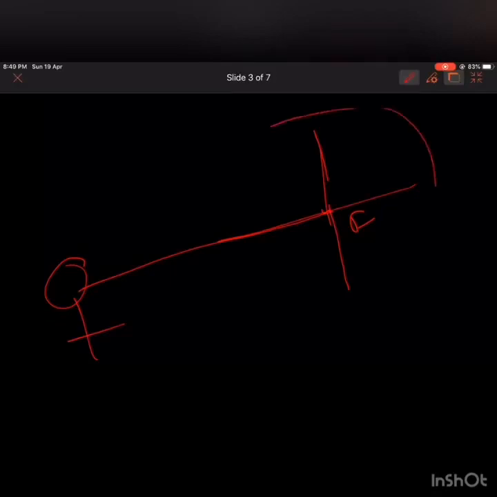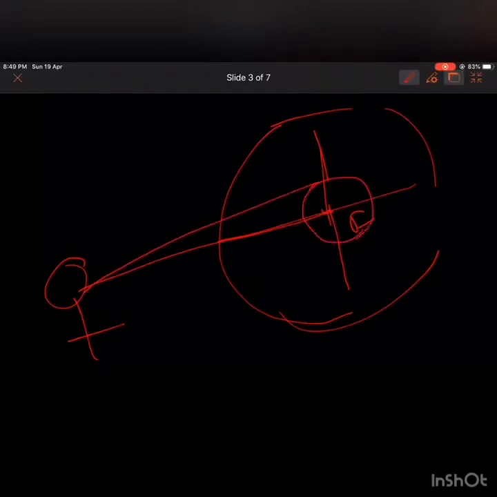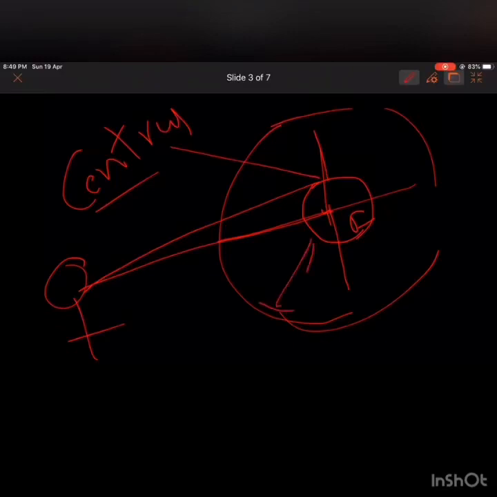A person is pointing at this point, that is the fovea. This is his visual field, and 30 degrees from there is called the 30 degree visual field. Understood? This 30 degree visual field is called the central visual field.